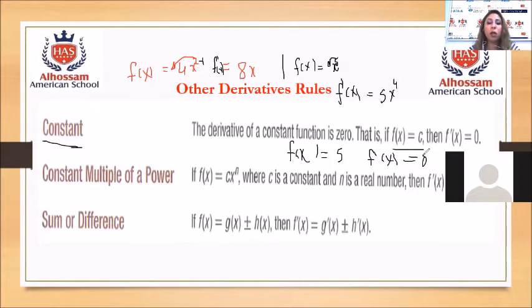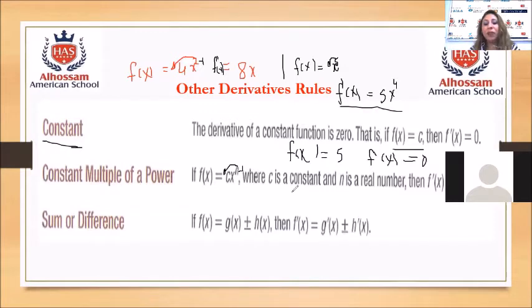And then, what is the constant multiple of a power? That's the one that I covered in the last session. For example, here I have a scalar multiple before x, and here I have a power. As I told you, I will multiply this power by the scalar, and then I subtract 1 from the power, as I told you in this example.